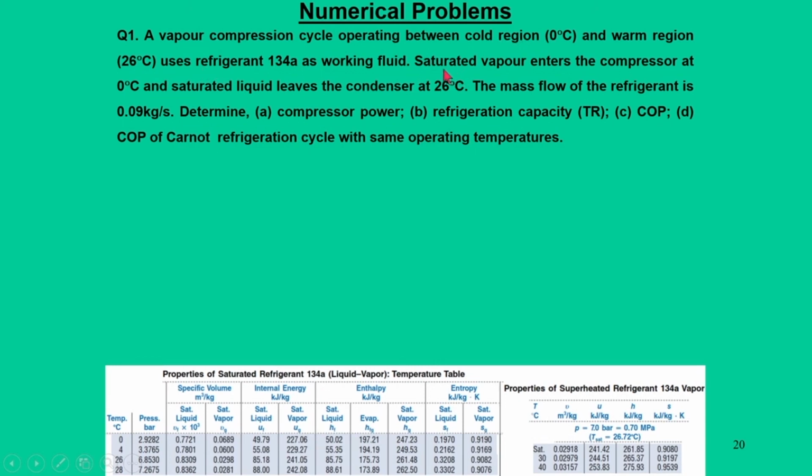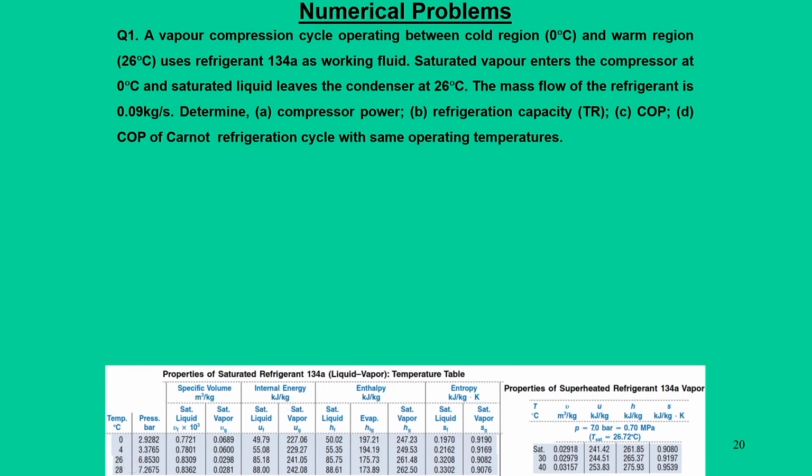But in this cycle, how does it operate? Saturated vapor enters the compressor at 0 degree centigrade. That means your cold region temperature as well as the refrigerant are at the same temperature, 0 degree centigrade, and saturated liquid leaves the condenser at 26 degree centigrade.